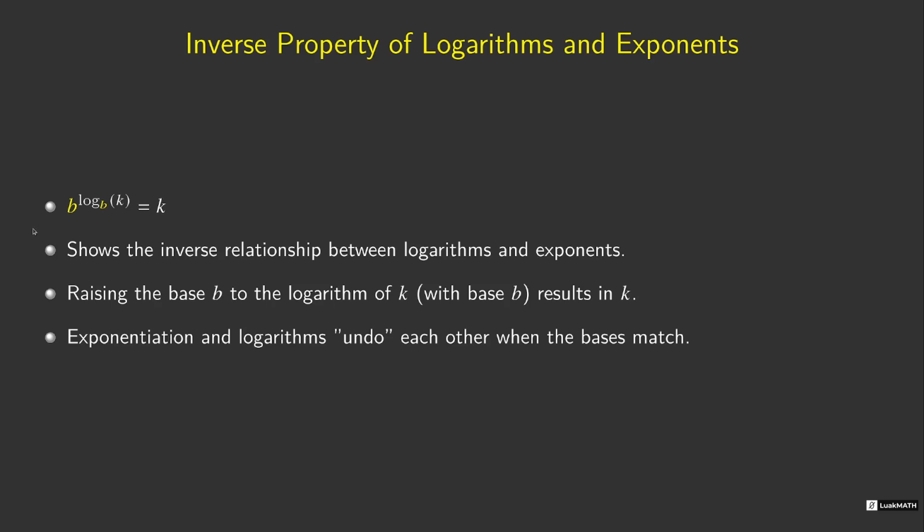This is an example of how exponentiation and logarithm undo each other. Okay, because this b here, you see the exponent, that's exponentiation, but in the exponentiation there's also log. So you have exponentiation and log in the same equation. They undo each other. Okay.